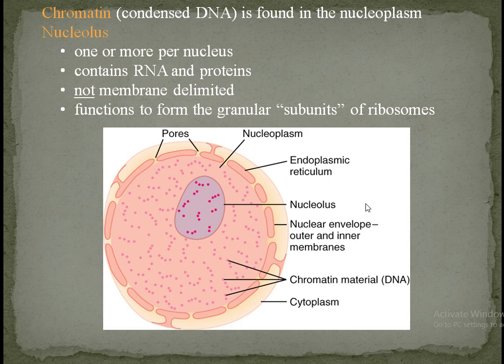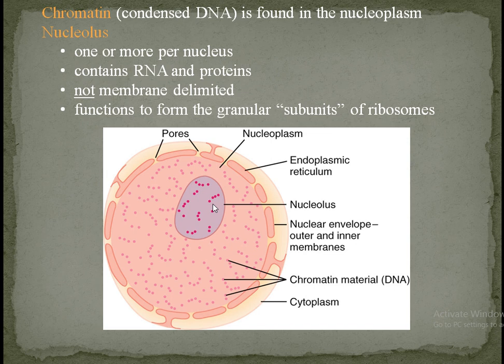The chromatin, condensed DNA, is found in the nucleoplasm. This you can see from this picture. That is the chromatin material, that is DNA, and close to that we have the nucleolus also. It may be one or more per nucleus, and it contains actually RNA and proteins.